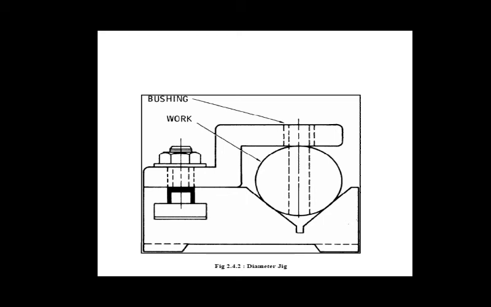So let us see once again the different types of jigs we have seen. First we have seen the template jig, which was simply a plate, made to the shape and size of the workpiece with the required number of holes in it.